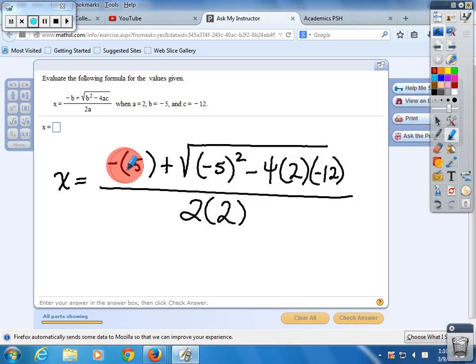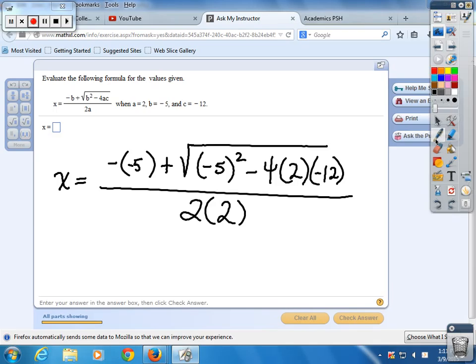Where else? Right there. And right there with that one. This is one place. If you put the parentheses in there, you're less likely to have one of those careless mistakes, or all 3 of them. Okay?